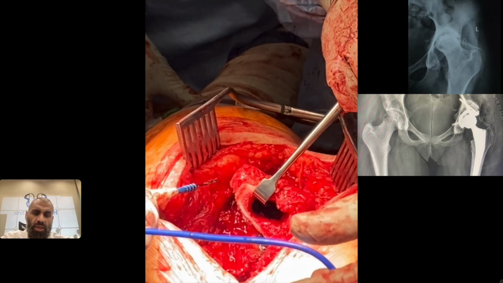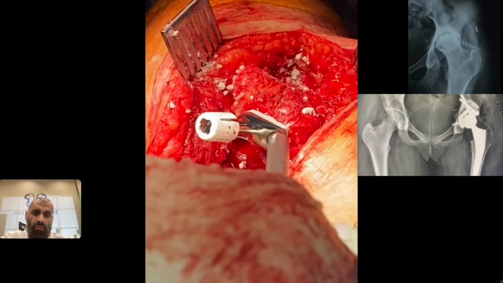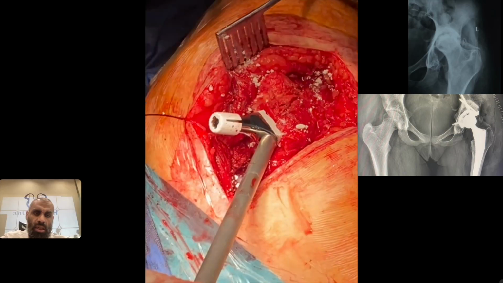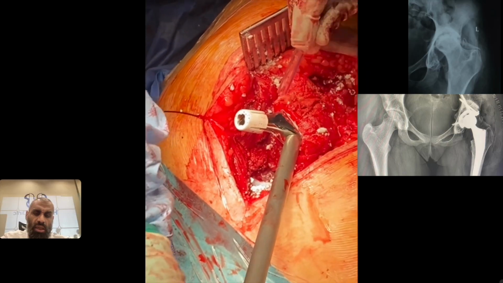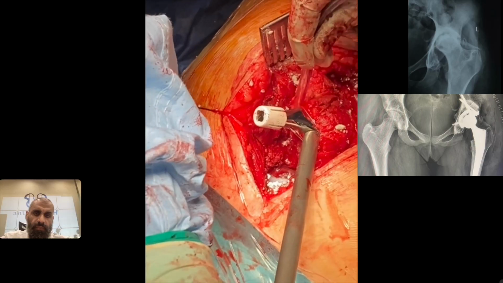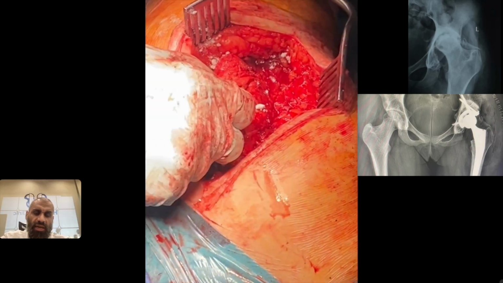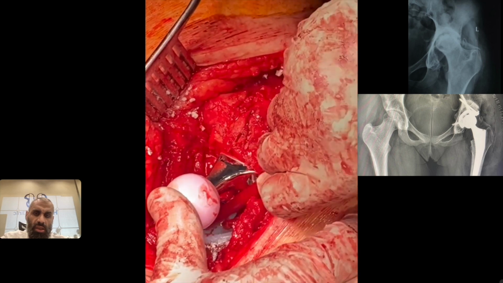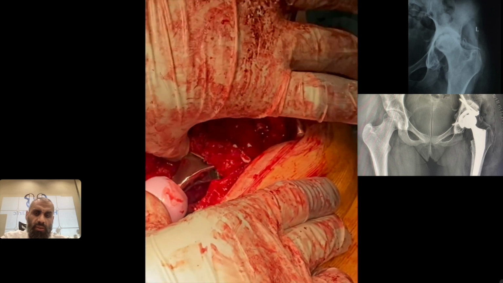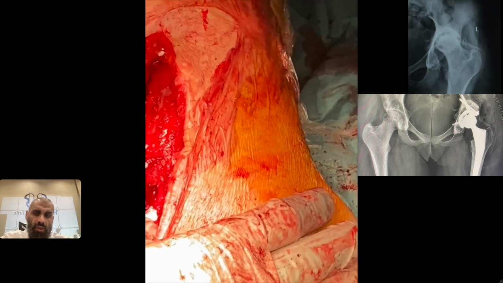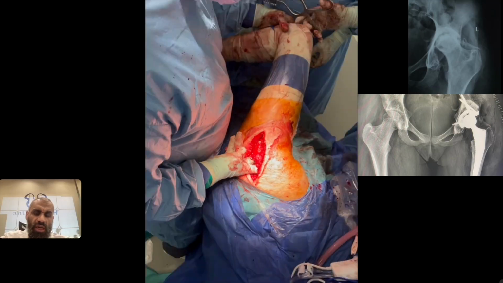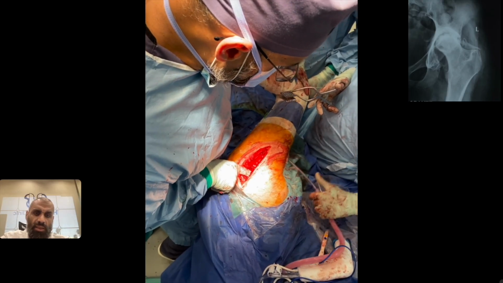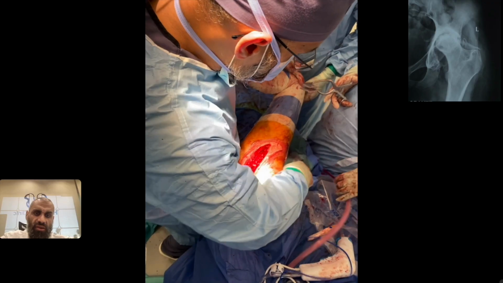The femoral preparation is done as per routine, and after completion of the femoral preparation and trialing, the ceramic head is inserted and the reduction is okay. Now this is the final check for the offset, stability, and leg length.